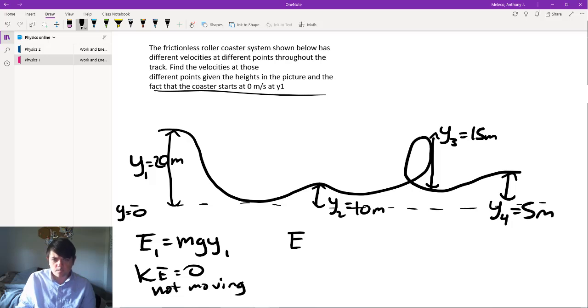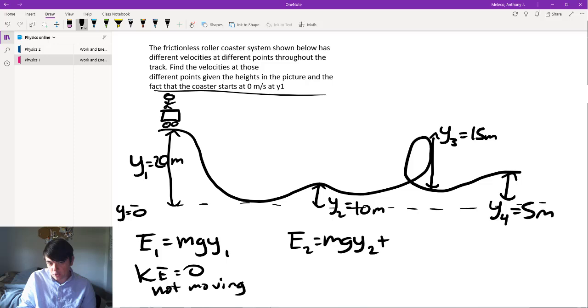Now this next one, E2, has mgy2, and it does have a kinetic energy, because at this point, if it's dropping, it will have a velocity. I forgot to actually draw the actual coaster. There you go.